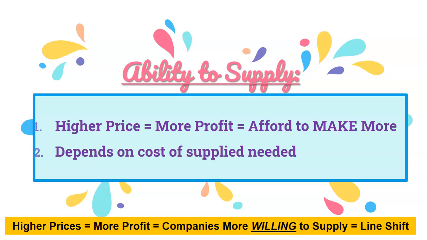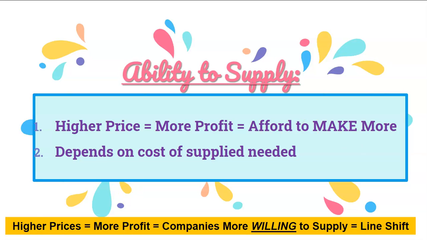If the price of the item increased by $5, but the cost of the supplies to create the product also increased by $5, then your net increase is going to be zero. They cancel each other out. Therefore, the ability of the company to supply more of that product would be the same. You wouldn't see a shift there.